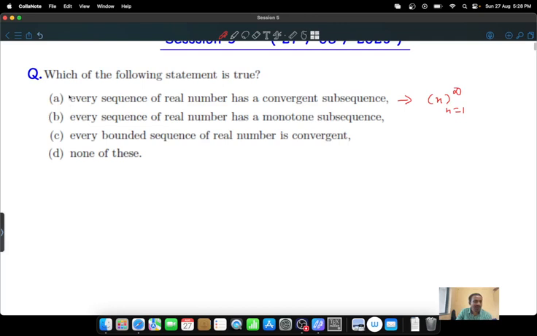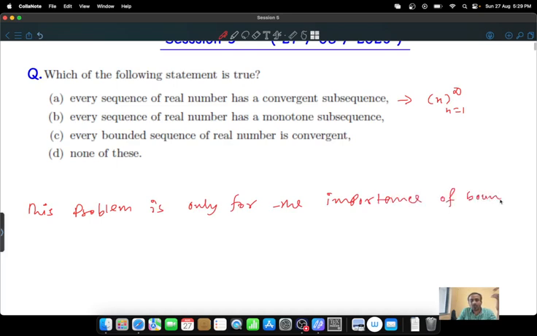So the Bolzano-Weierstrass theorem: why is boundedness so important in that theorem? Basically this problem is only for the importance of boundedness in the Bolzano-Weierstrass theorem.